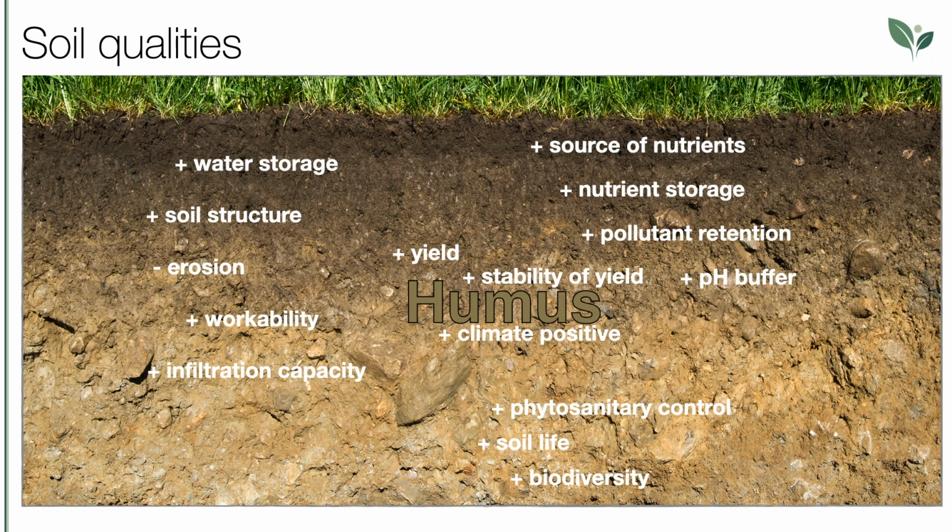Basically, we should not see the soil one-sidedly as a carbon storage unit, which does not correspond to the complexity of the soil and the relationship between plants, soil life, and soil. It is important to keep the diversity of positive properties of humus in mind and to consistently promote these or the measures that lead to the formation of humus.